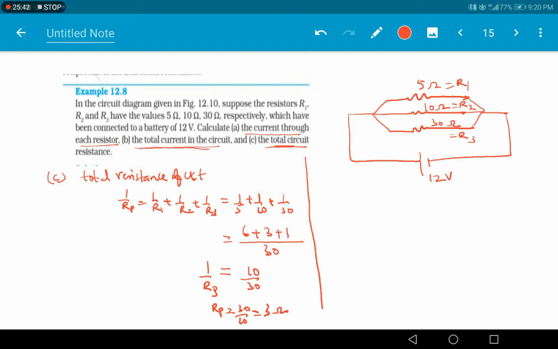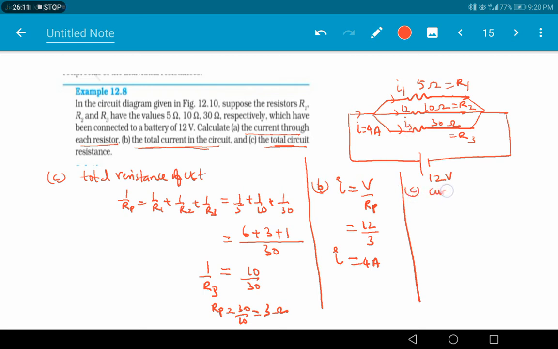So total current in the circuit. So I is equal to V by R effective. R effective, nothing but in series. So 12 by 3, 4 ampere. So this is the current in the total circuit. So now let us find out what is the current through each resistor. So I1, I2, I3.